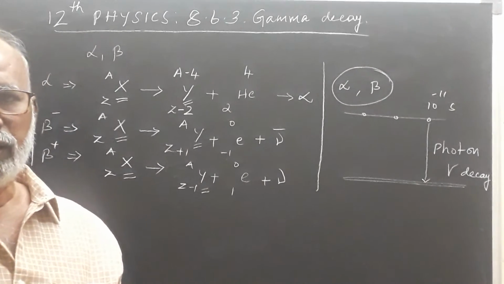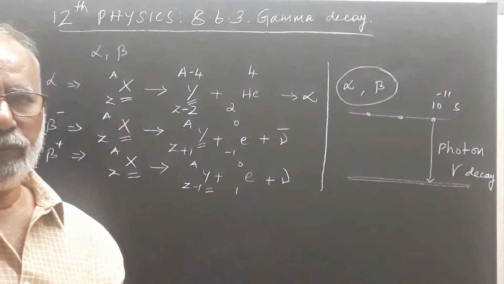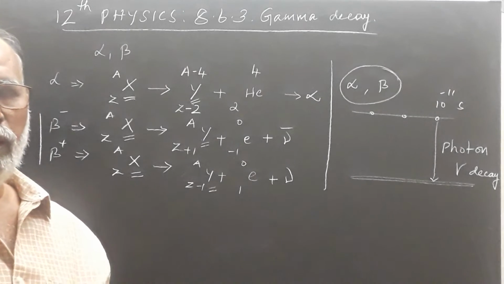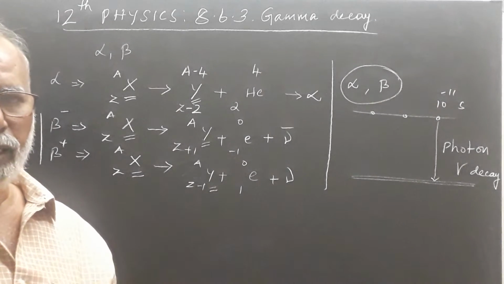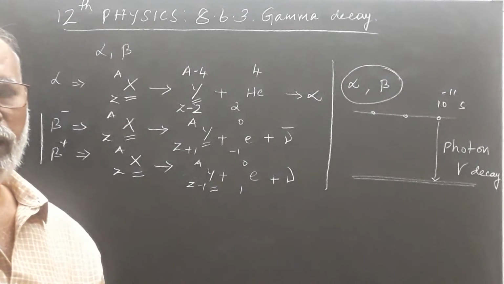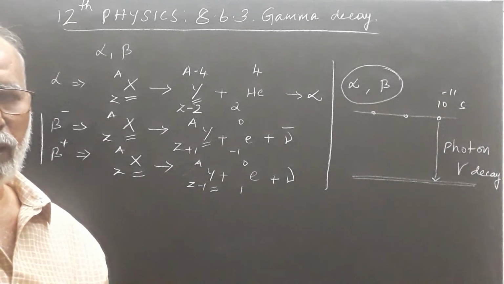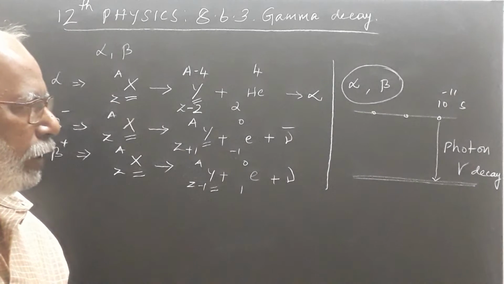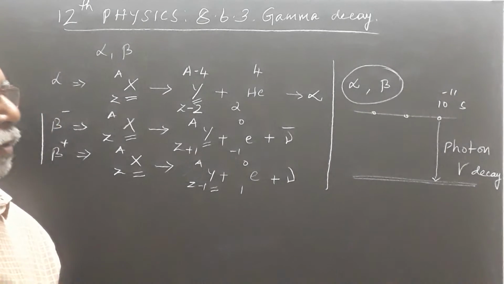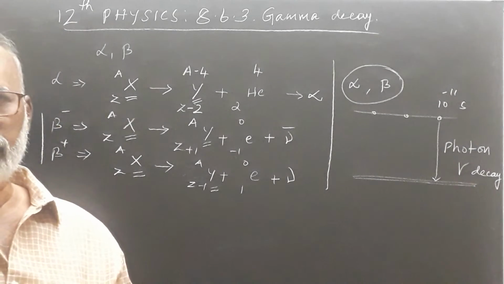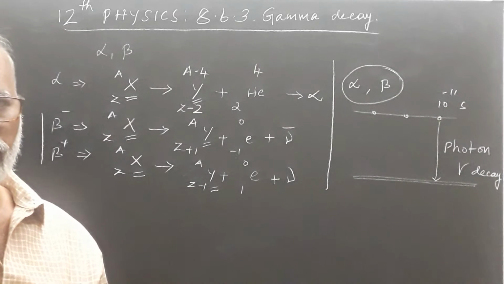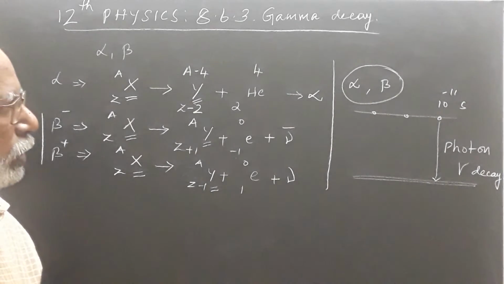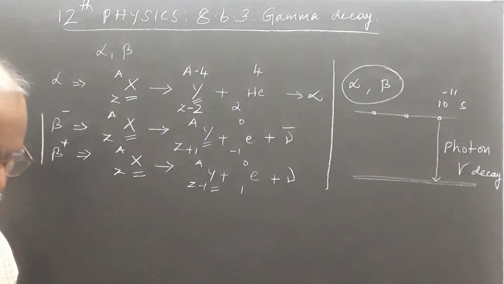The excited state daughter atom transmits the energy while jumping over to the ground state, then gamma radiation or energetic photons come out from this process. That's called gamma decay.